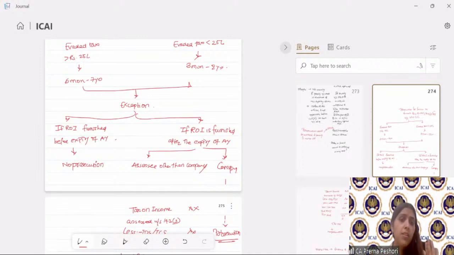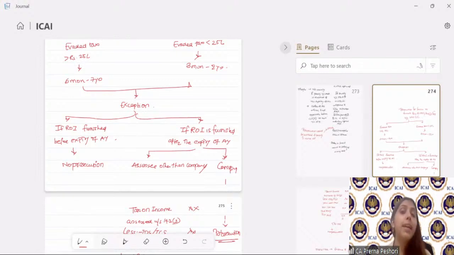The representative assessee means the person who is liable to be assessed on behalf of the other person because of their association with that other person. That is the meaning of the representative assessee. For example, in the case of a trust, the trustee is the representative assessee.